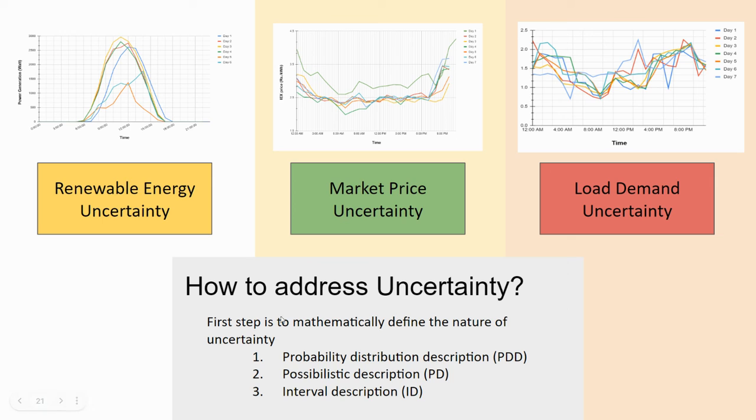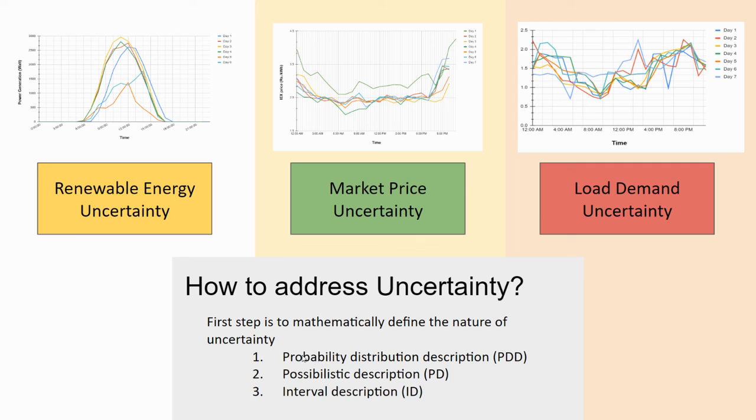These uncertainties have to be tackled. The first step of handling these uncertainties is to address them properly. Addressing them properly requires three different methods. First, probability distribution descriptions, which we all know about. Then comes the possibility distribution. This is the extension of fuzzy theory, as some people may know.